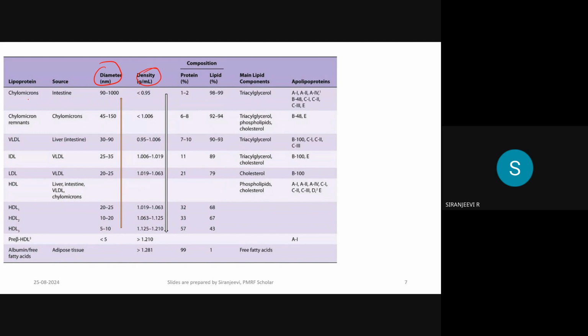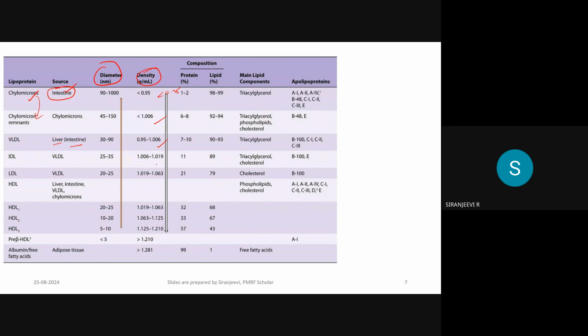The chylomicron has the lowest density in the overall lipoprotein classification, and its source is majorly the intestine, with a density less than 0.95 gram per ml. The next one is the chylomicron remnant, formed from the chylomicron itself, with a density a little larger than the previous one. VLDL is majorly present in the liver as well as the intestine, otherwise called very low density lipoprotein.